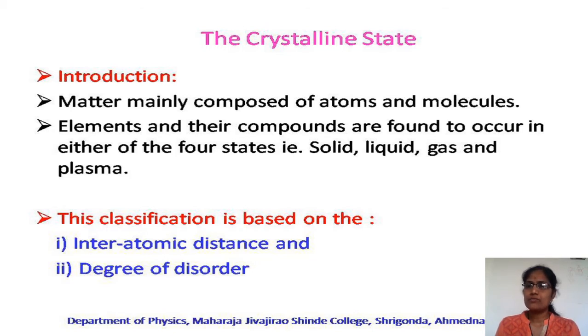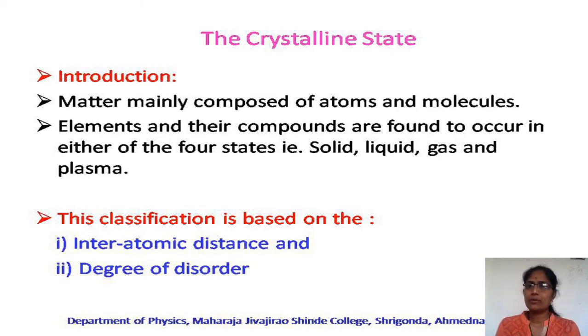If the atoms are ordered, it means that they are periodically arranged. And if this periodicity is not maintained, then they are said to be disordered. So, all these solid, liquid, gas and plasma states of matter are based on interatomic distance and degree of disorder.